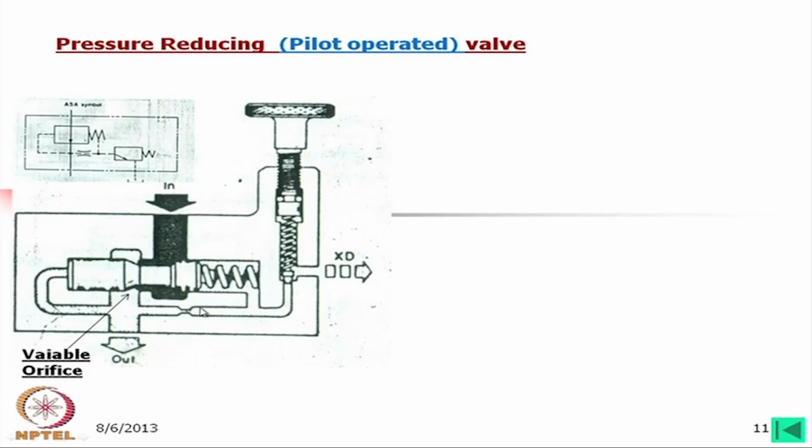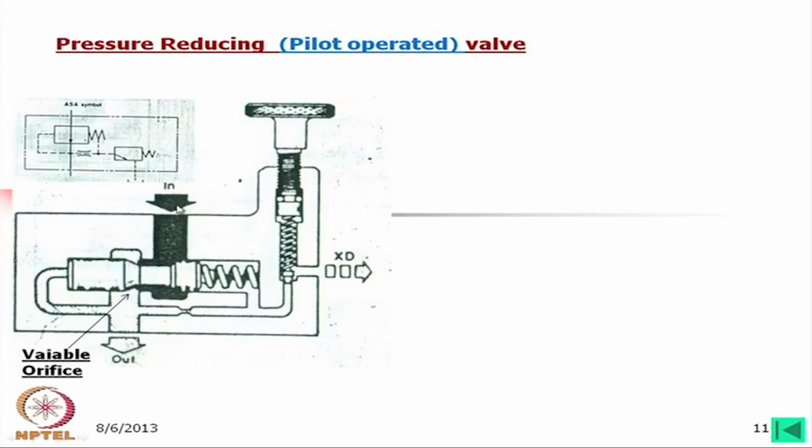Now, how is it working? First, let us examine. This is the main poppet and flow is coming through this. There is also this orifice, but this orifice is on the reduced flow side, not on the main flow side.